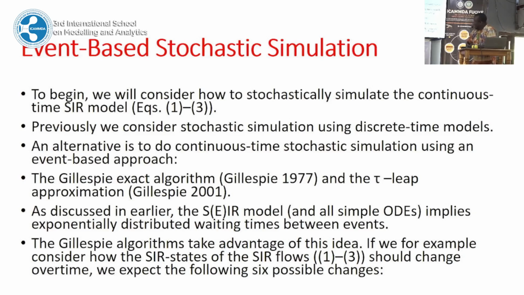Now, as discussed earlier, the SIR model and all simple models imply exponentially distributed waiting times between events. We said that the infectious period is equal to 1 over the recovery rate, and mu, the natural death rate, is equal to 1 over the average lifespan.